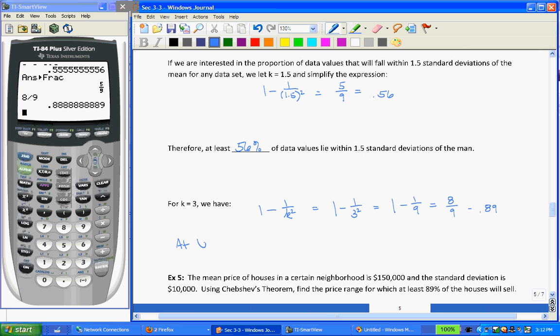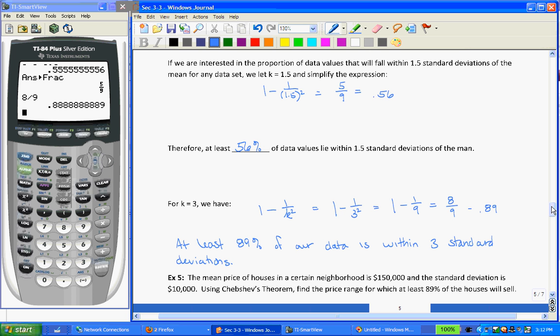So this means at least 89% of our data is within three standard deviations of the mean, and that's for any data set. But we already noticed that for bell-shaped data, it's going to be much higher. It's going to be 99.7.